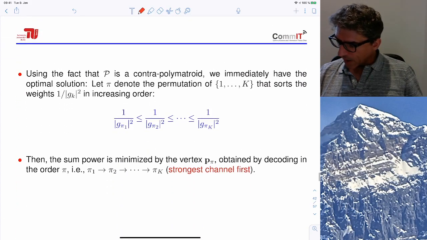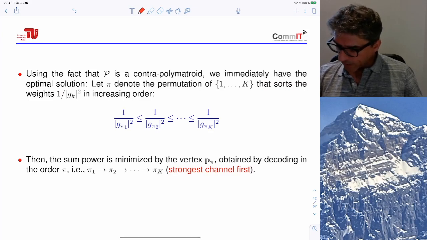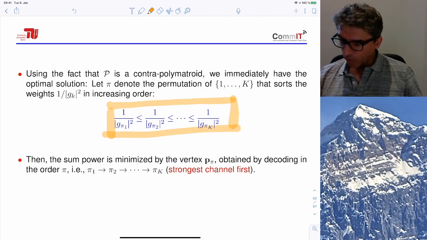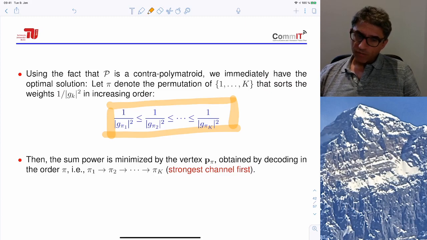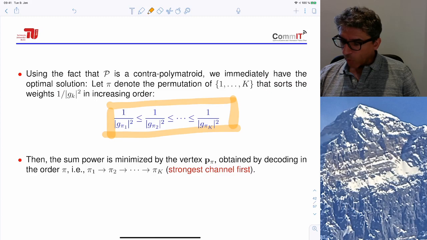And so it turns out that the solution is very similar. The result for the contrapolymatroid is that, denoting by pi the permutation that sorts the weights in increasing order, where the weights are 1 over the gains, this also means sorting the users in order of channel strength. So user pi 1 has the largest gain, user pi 2 has the second largest gain.